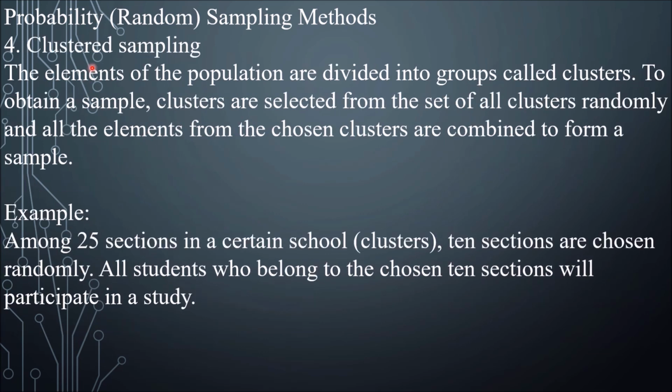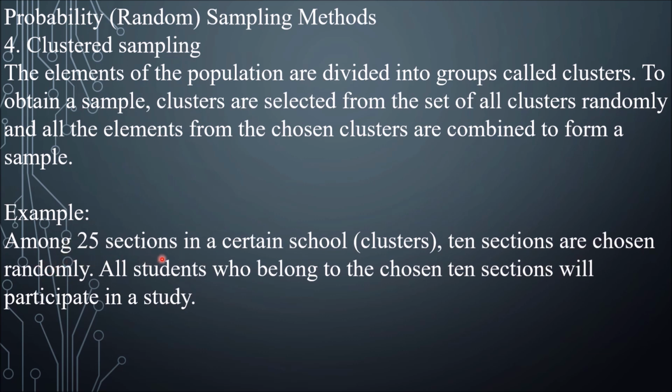Number 4, cluster sampling. The elements of the population are divided into groups called clusters. To obtain a sample, clusters are selected randomly from the set of all clusters, and all the elements from the chosen clusters are combined to form a sample.